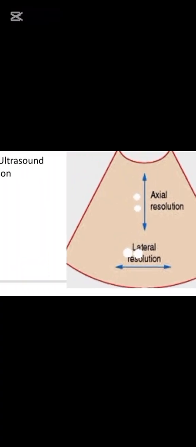As you see, these are parallel. So when we have two objects on top of or below each other, parallel to the sound waves, the distance between them that we can resolve is the machine's capability for axial resolution.